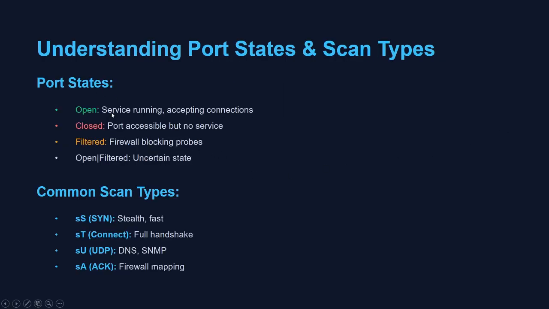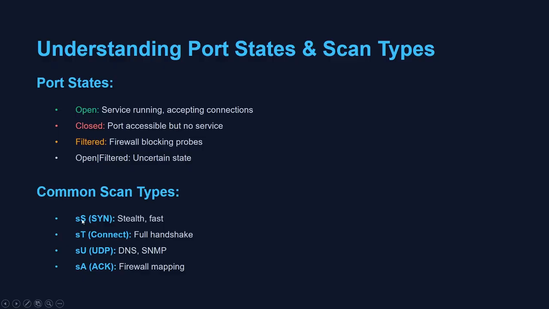Port states: open means a service is running and accepting connections. Closed means the port is accessible but there is no service. Filtered means a firewall is blocking probes. Open|filtered is an uncertain state.